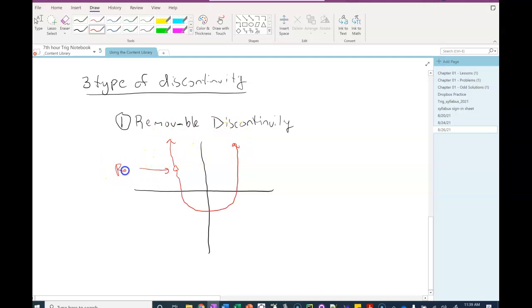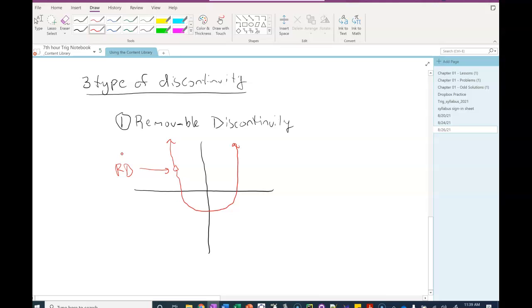But I've got this open circle here, right? What does that open circle on the graph represent? Yeah, like a missing point, right? This is a parabola, but where this open circle is, there's no point there. It's missing. It's in a sense been removed. There's just a little gap in our graph.